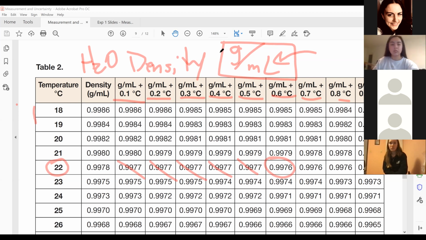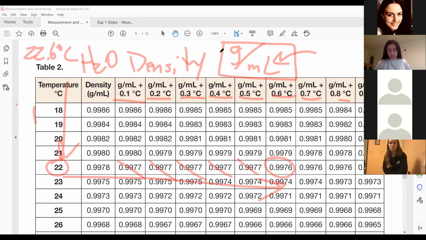So for instance, if it's 22.6 degrees Celsius, we go down to 22 and we go over 6. And why do we go over 6? Because the density is going to be different depending whether it's 22.1, 22.2, 3, 4, 5. Even small changes in temperature change the density slightly. Okay. Oh, okay. All right.